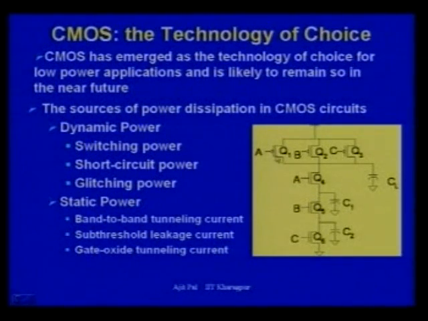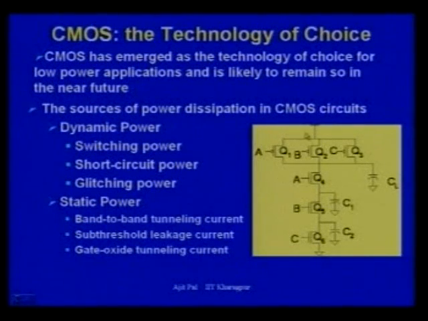In any CMOS circuit, this will be the basic configuration. This example circuit is nothing but a 3-input NAND gate, which has 3 NMOS transistors and 3 PMOS transistors.